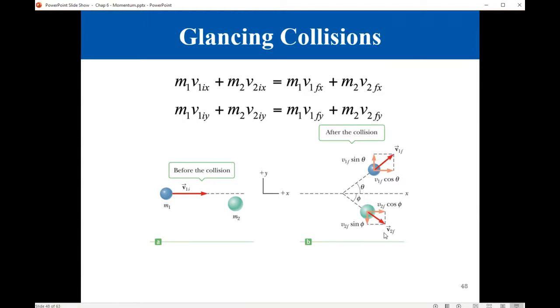That's to say, you need to conserve momentum along x, and also you need to conserve momentum along y. So before collision, momentum along y is 0, momentum is all along x. This means after collision, the momentum along y must also be 0. So if you decompose this velocity and decompose this velocity, you write the momentum here and the momentum here.